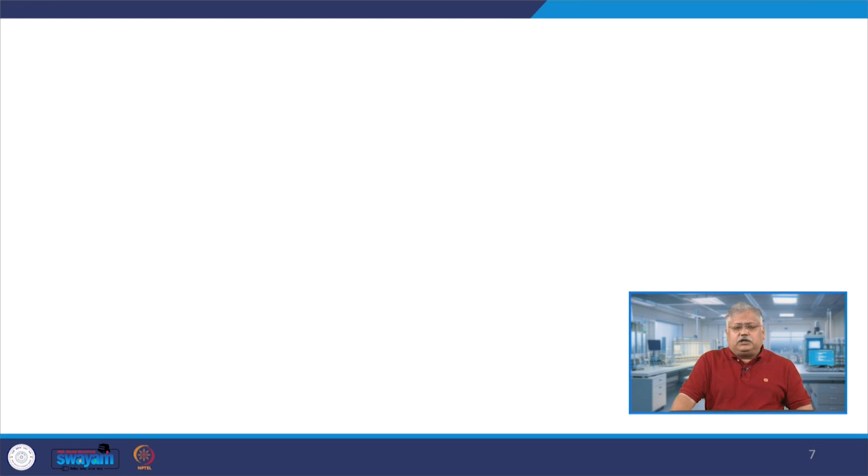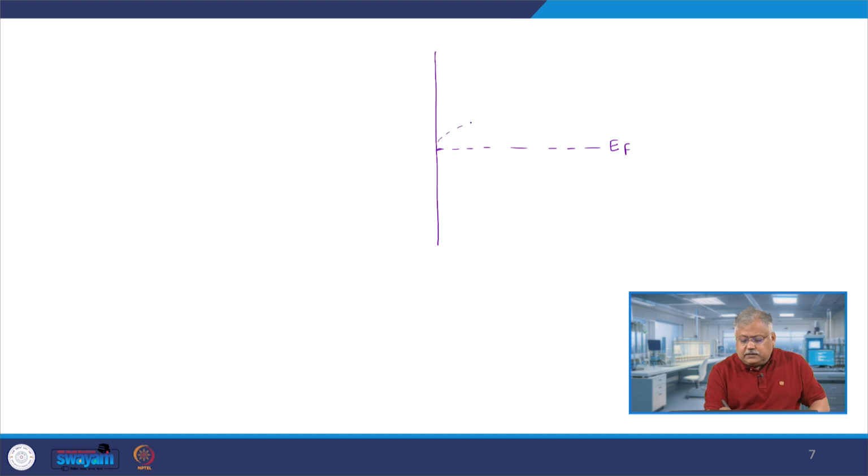Let me explain this from the band diagram here. So in the depletion region, the Fermi level will be something like this. This will be EF, right. And what has happened is that EFi has fallen like this. This is my intrinsic Fermi level, and my conduction band has also fallen like this, because this is on the semiconductor side, and the valence band will also fall like this.